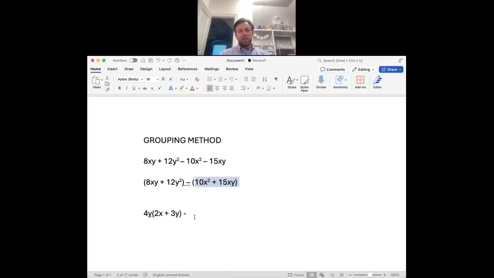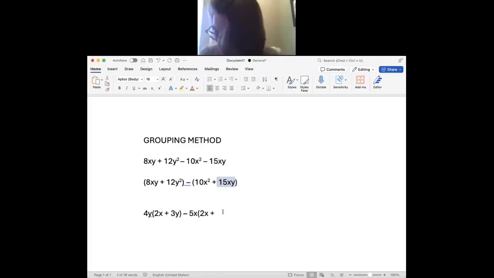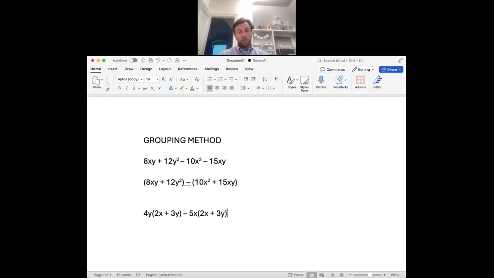Now, GCF out of 10x squared plus 15xy is just 5 and an x. So I pull 5x from here, I'm left with 2 and an x. I pull a 5x out of here, I'm left with a 3 and a y. There we go. It's the same thing.